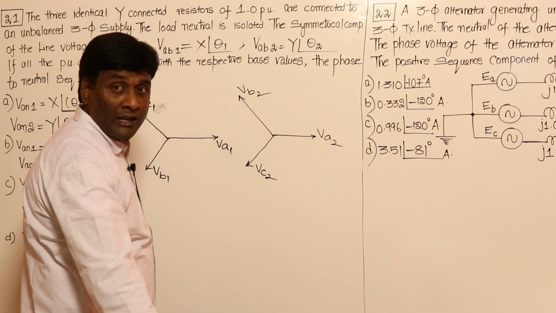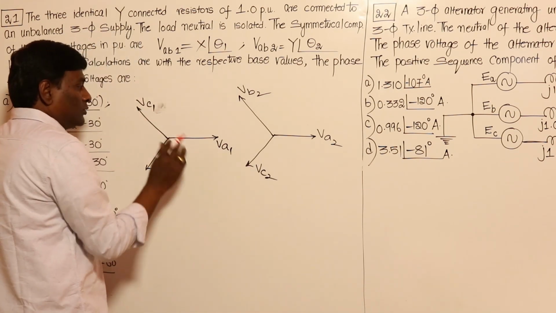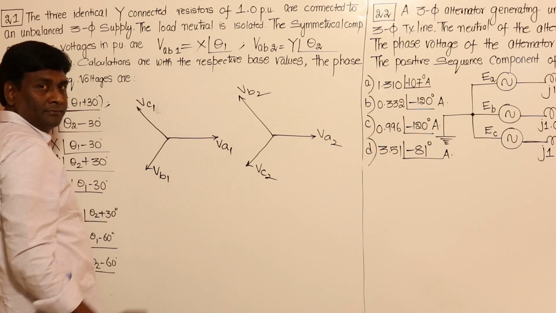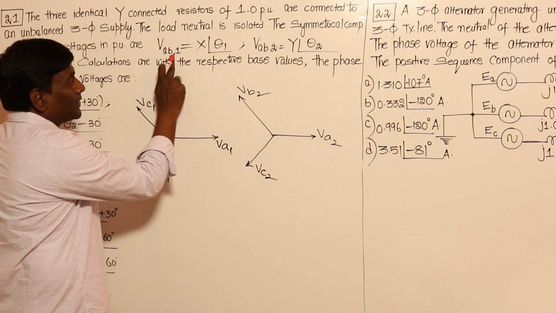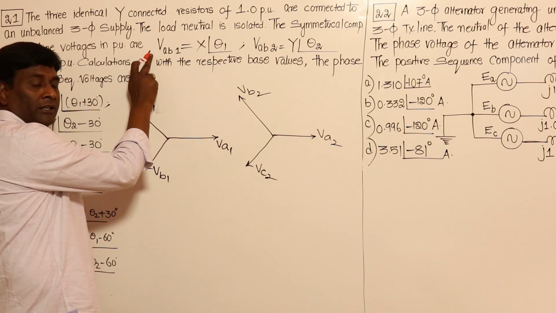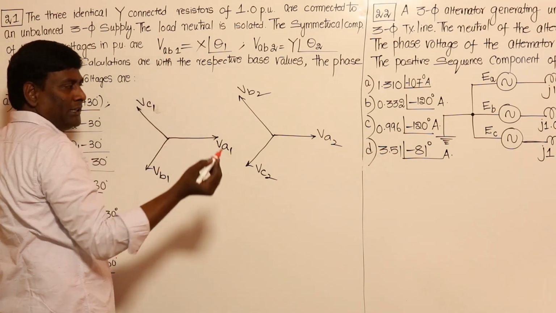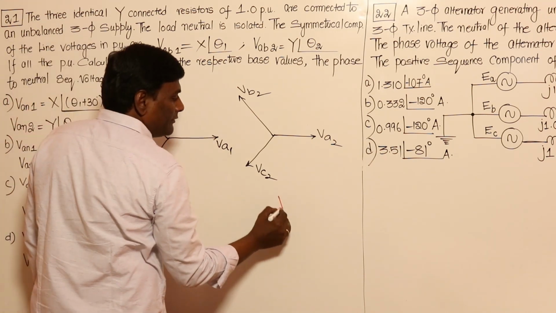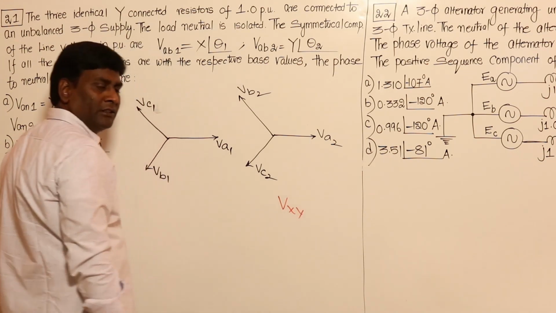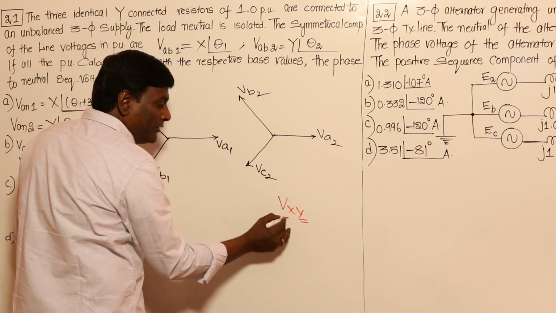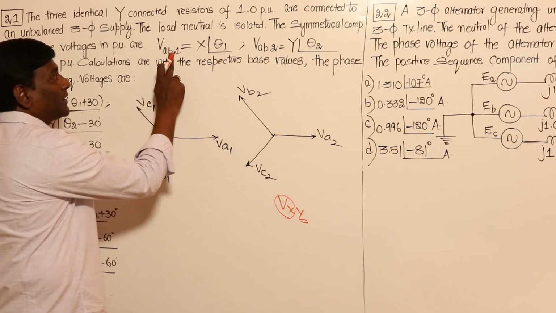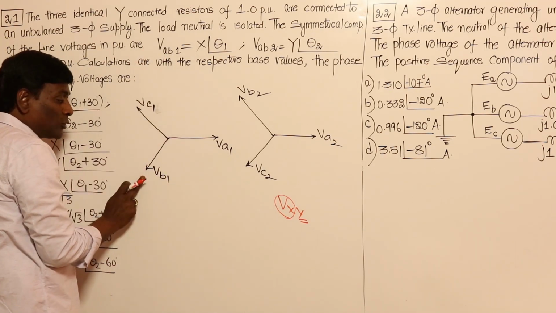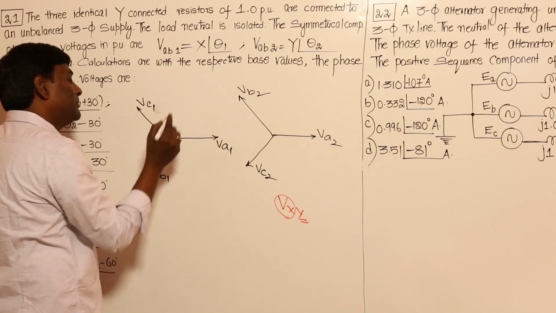Okay, so let me calculate line voltages. So VAB1. With respect to B, how much is the A voltage? Normally in network theory also, if I write VXY, what does it mean? With respect to Y, how much is the voltage of X? So with respect to B, it means VA minus VB.